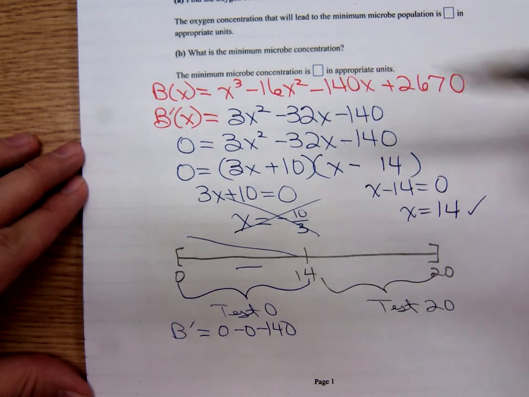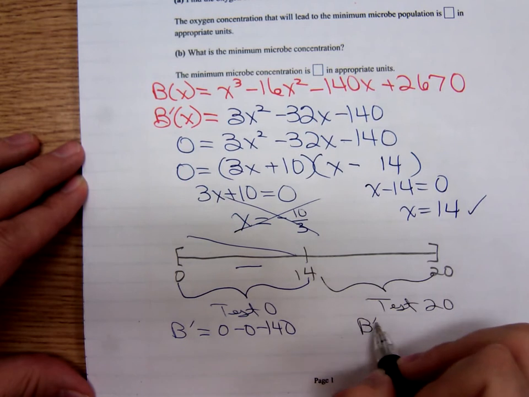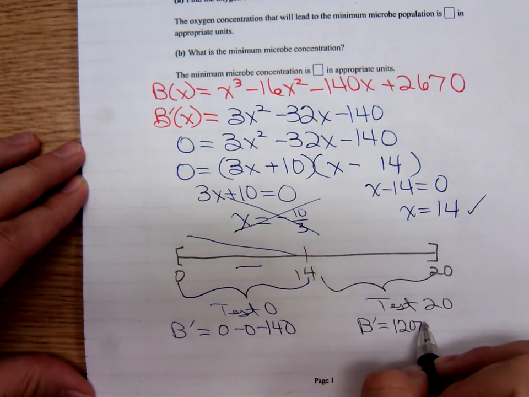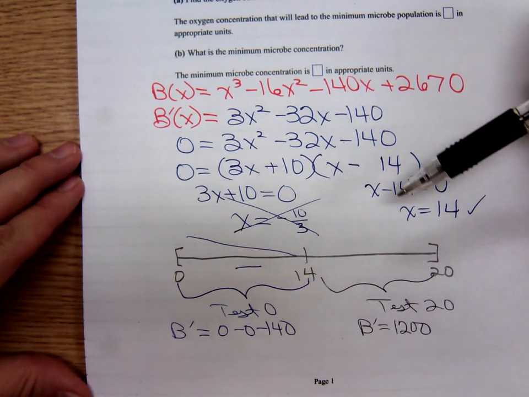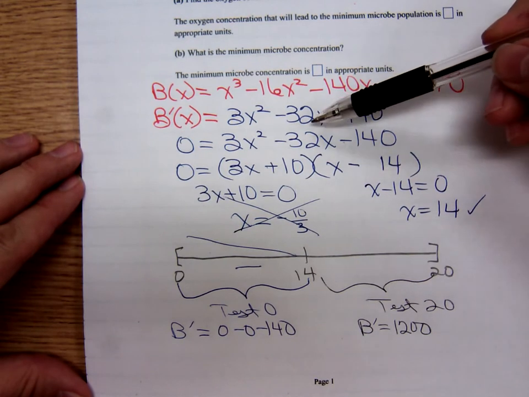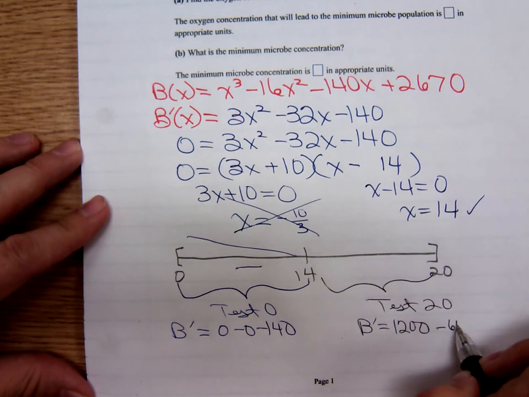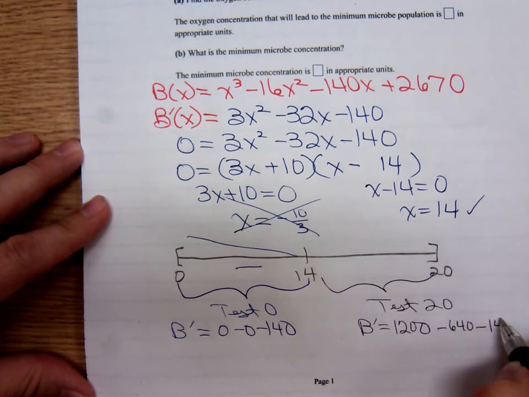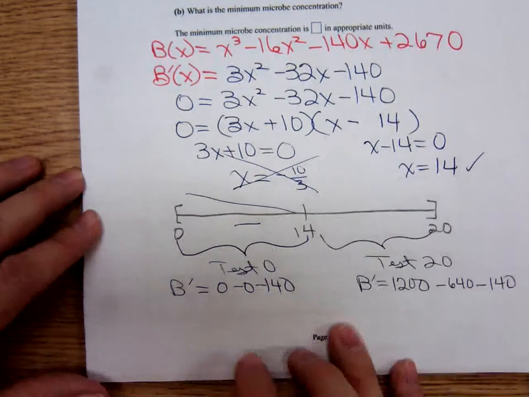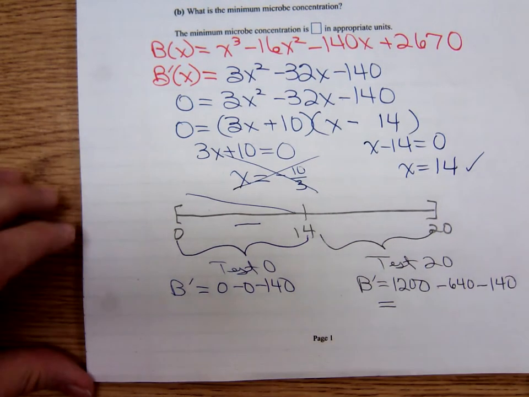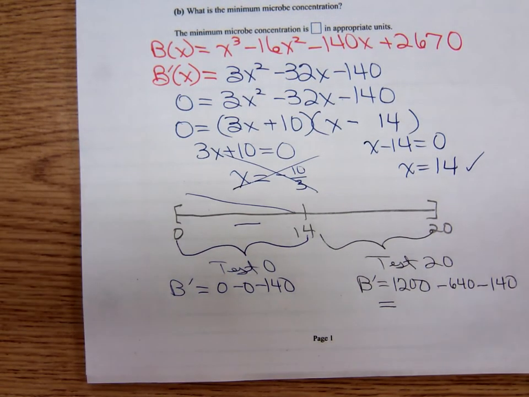So we have a 1200. And then multiplying by 32, what is that, a minus 640? Minus 140? Positive or negative?